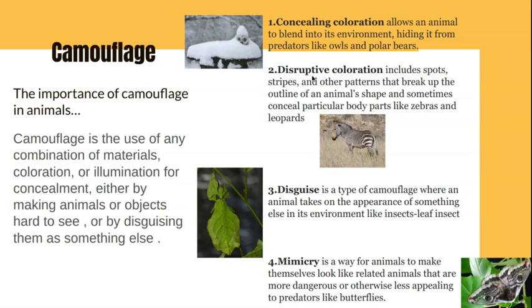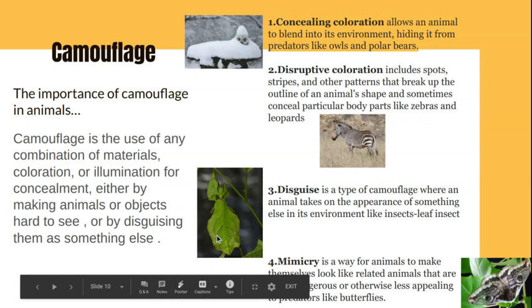Disruptive coloration includes spots, stripes, and other patterns that break up the outline of an animal's shape and sometimes conceal parts of the body, like zebra and leopards. So that's that. Disguise is a type of camouflage where an animal takes on the appearance of something else, like insects or a leaf insect. So sometimes the animal can go into complete disguise.